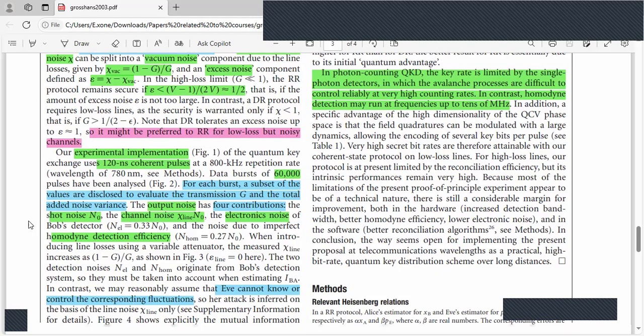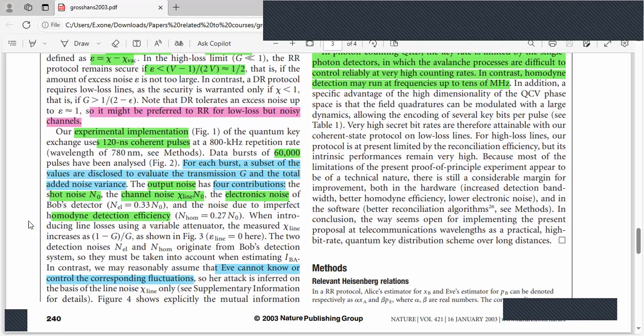Then they talked about the experimental implementation, and they used 120 nanosecond coherent state pulses, and the wavelength is in the visible range, that is 780 nanometers, and they sent 60,000 pulses for this whole process.